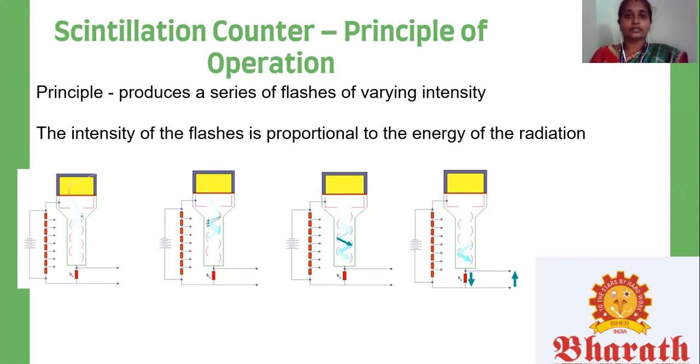This can cause electrons to be raised to an excited state. For a charged particle, the track is the path of the particle itself. For gamma rays, like uncharged particles, their energy is converted to an energetic electron through either the photoelectric effect, Compton scattering, or pair production.